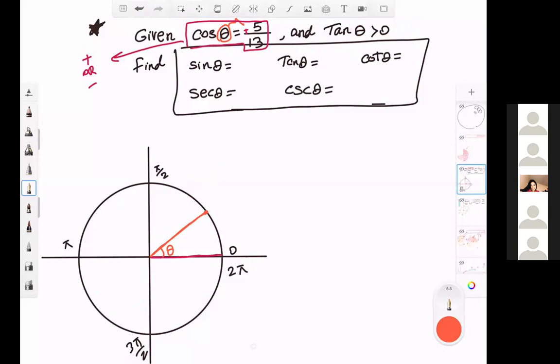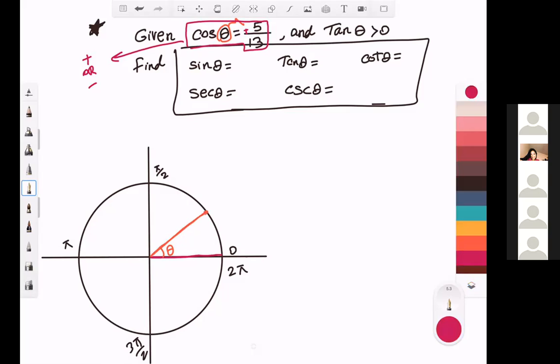This is quadrant one, and cosine of that is 5 over 13. So we need to find sine of that, correct? So I think you guys are following me.